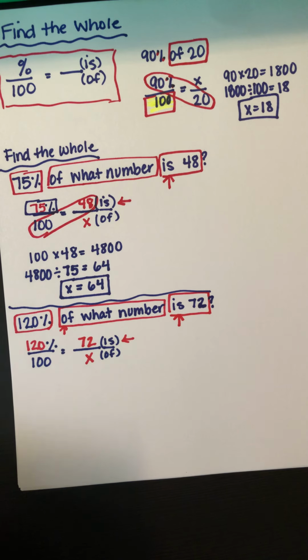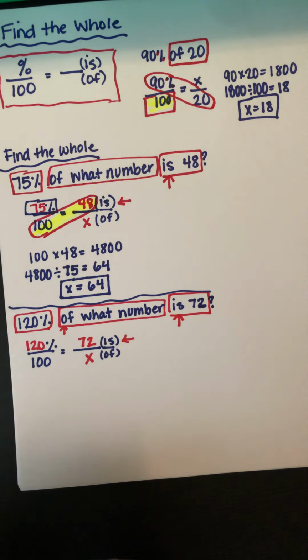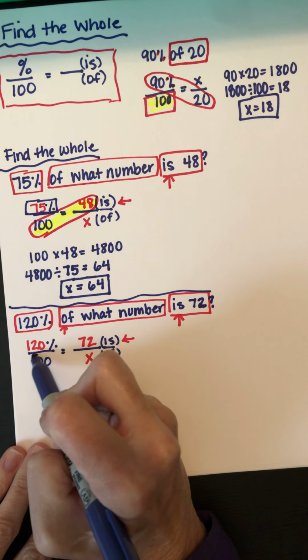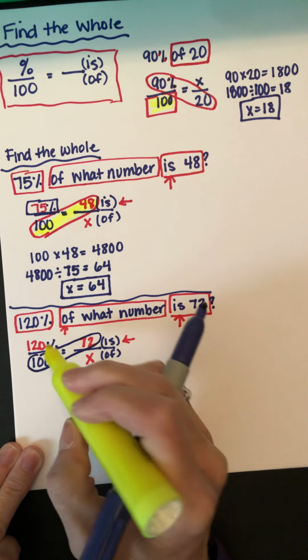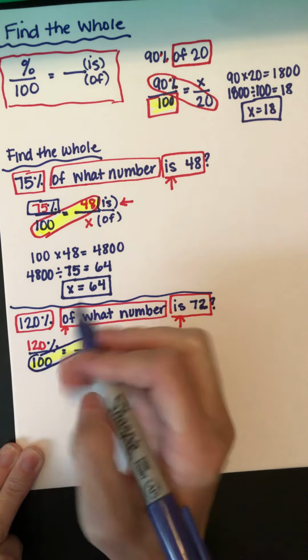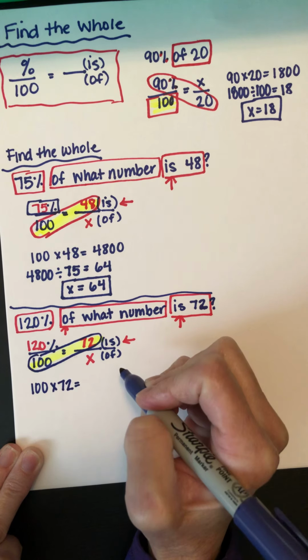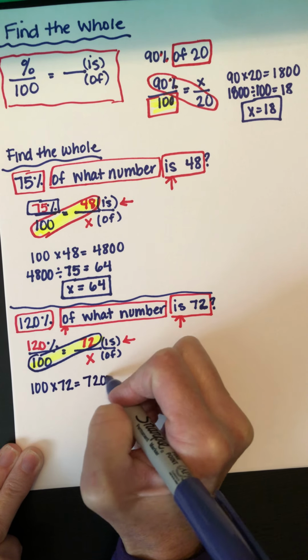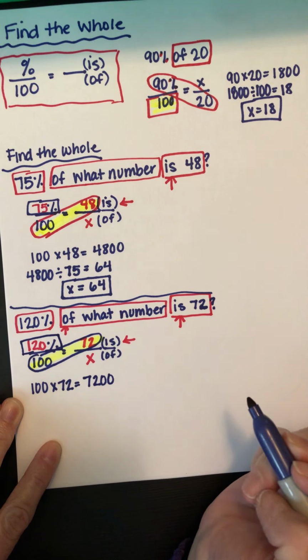So let's go ahead and cross multiply. What numbers can I cross multiply? I'm going to cross multiply 100 times 72, and 100 times 72 is 7,200. And then I'm going to divide by the number I have left over that I have not used, which is the 120.